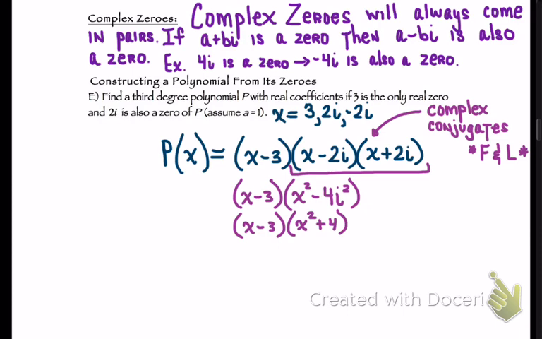Alright, so from here, simple. Now I'm just going to FOIL the two of them. So first, outside, inside, last. Okay, so I got that. Looks like I just need to clean that up a little bit. We always want to write them in order.